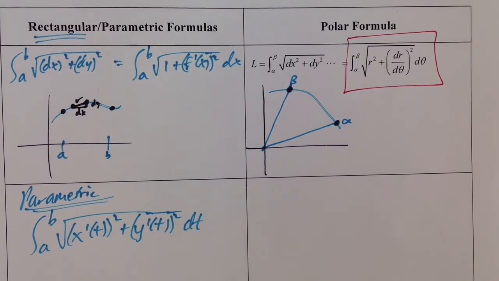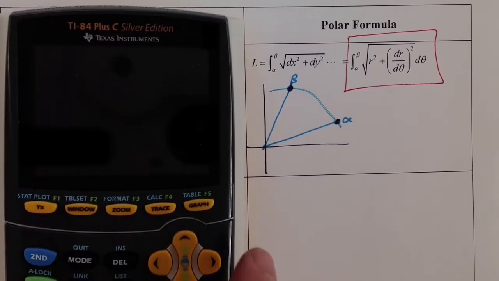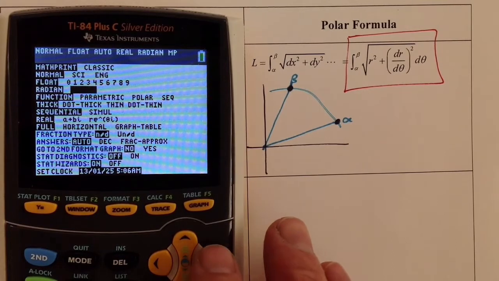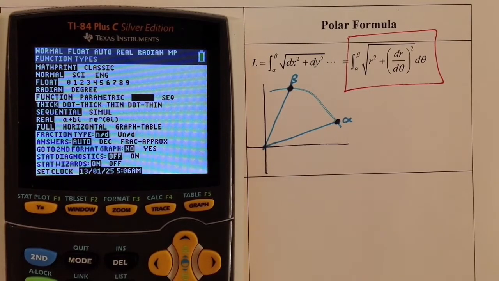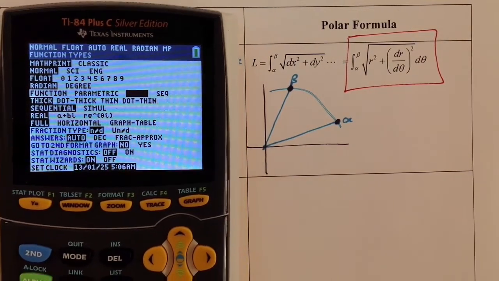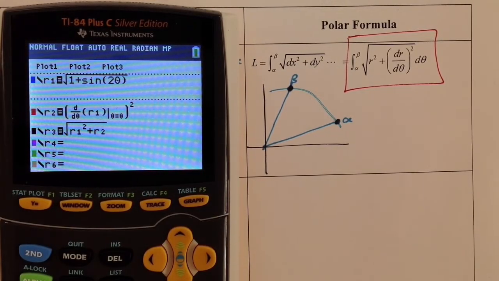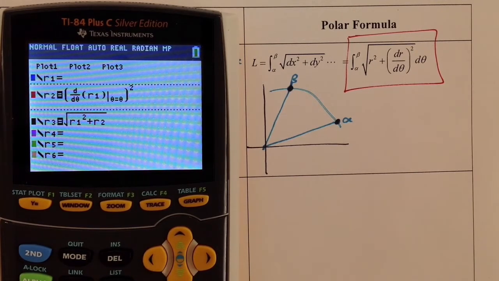Anyway, what I'd like you to do is pause the video and get yourself into polar mode. When you get yourself into polar mode, go ahead and go to y equals.